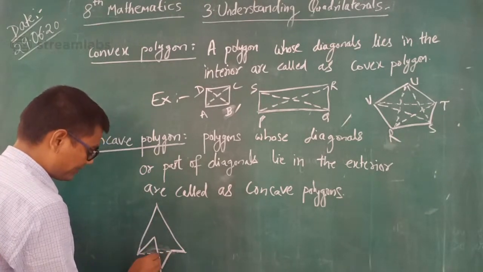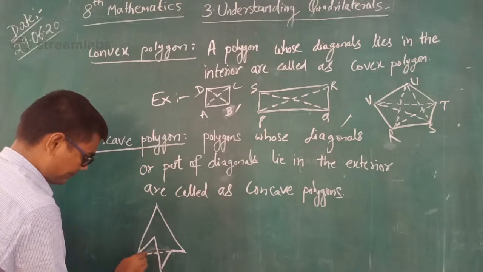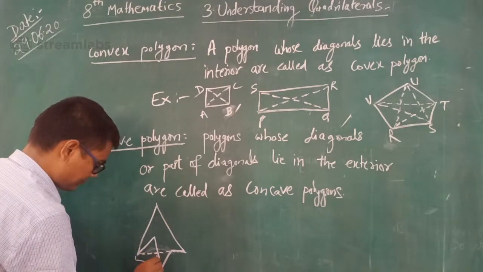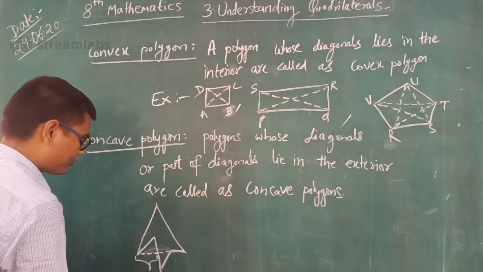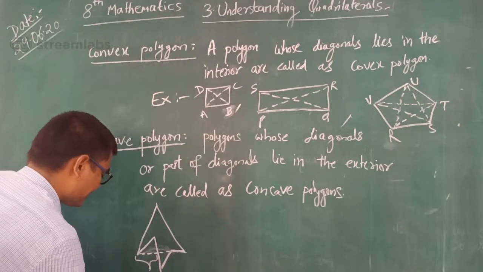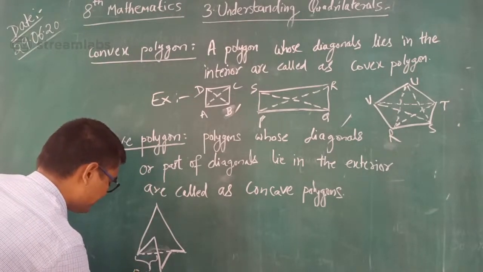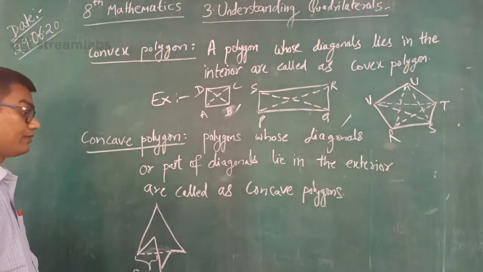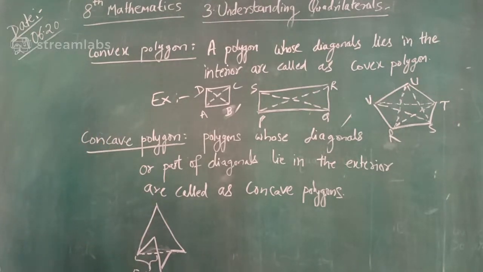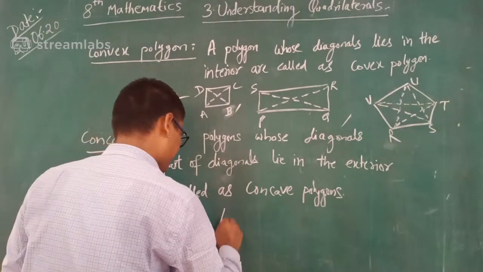So this part of the diagonal lies in the exterior. Such polygons are called concave polygons.